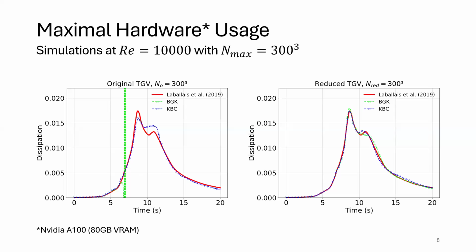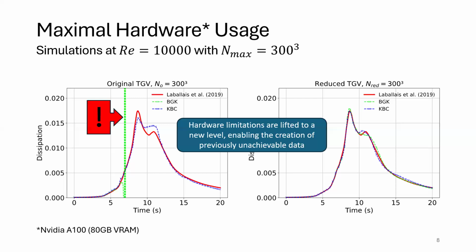The KBC operator is stable, but we don't match the dissipation pretty well. But on the right-hand side, as we can see, we did the same simulation with a resolution of 300 to the power of 3 with the reduced Taylor-Green vortex, which will end up in a resolution of 1,200 to the power of 3. And we see we match the dissipation rate pretty well.